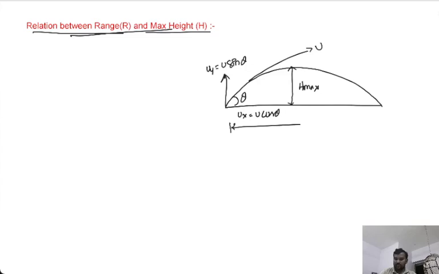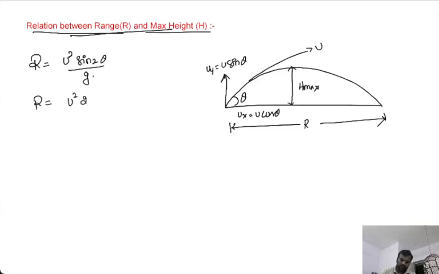This is the range. So we know the range formula, R is equal to u square sine 2 theta divided by g. This formula I write as R is equal to u square 2 sine theta cos theta divided by g.